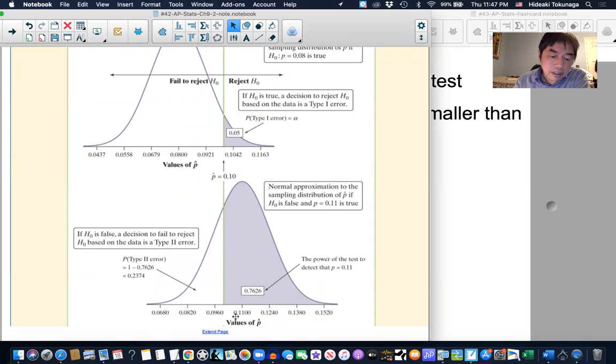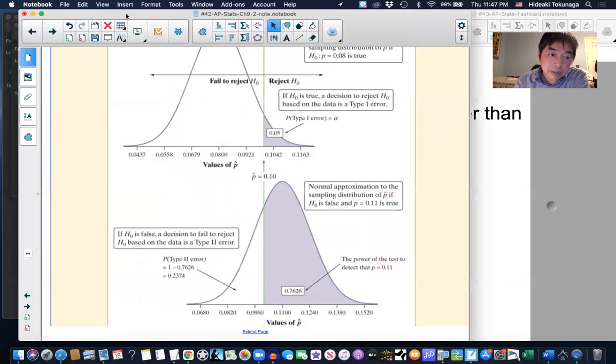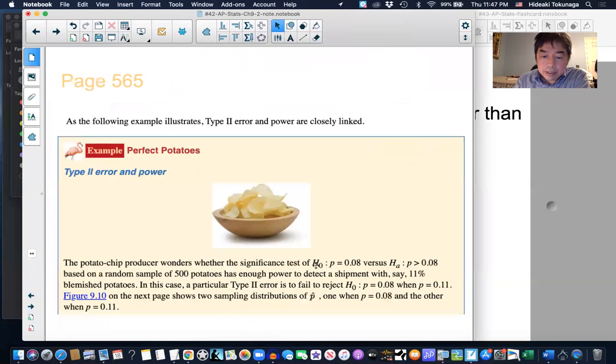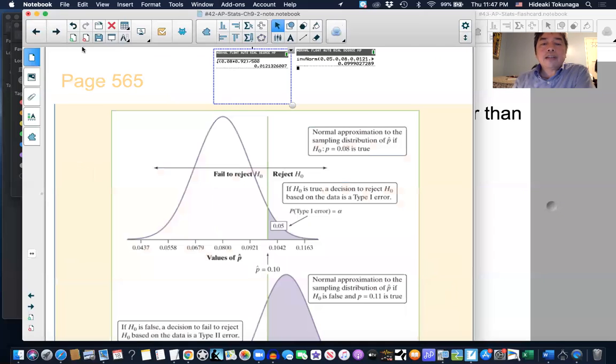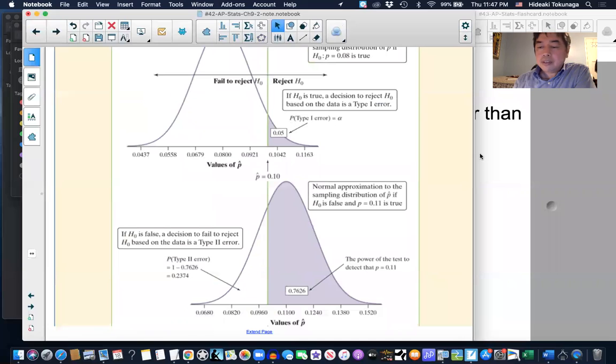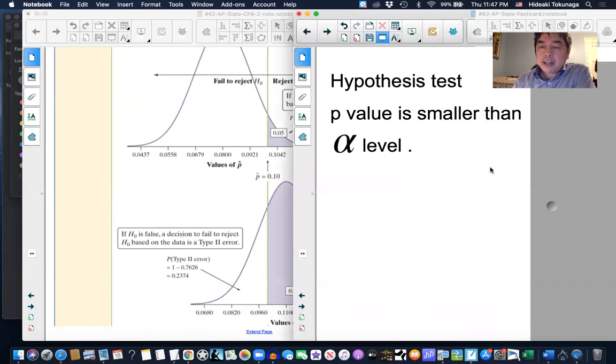And consider this is going to be the second question, right? The second question is, what if this is the alternative percentage, 11% is true? So let's compute the standard deviation for that. Same thing, we can call it standard error.